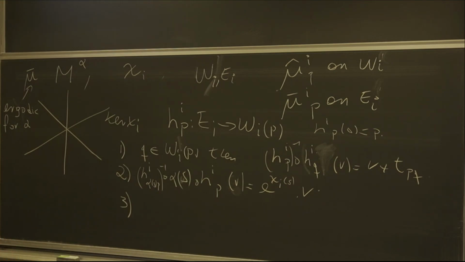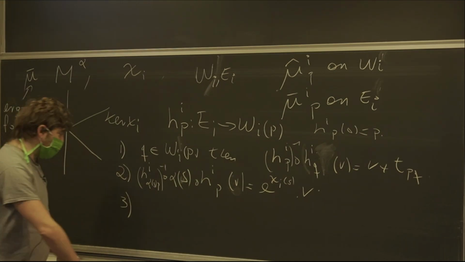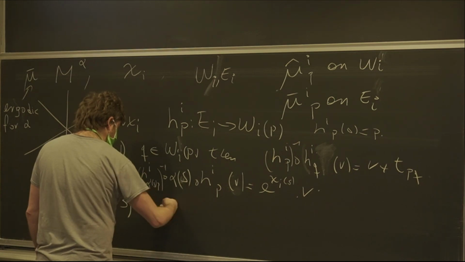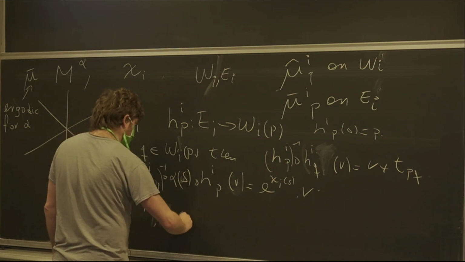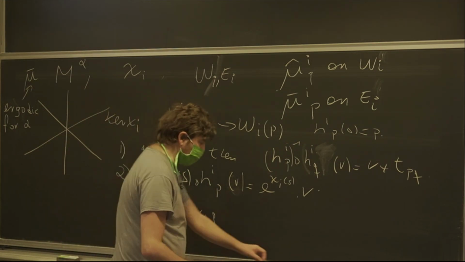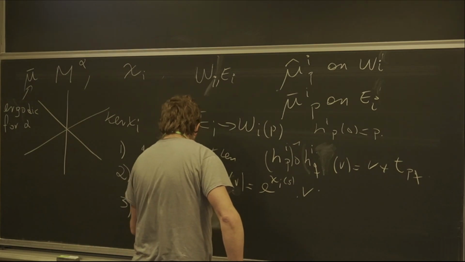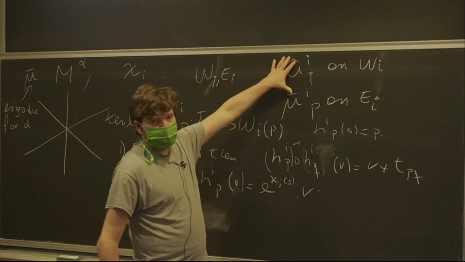The third comes in two statements at the same time. One is that if Q belongs to, well, there is a set of full measure, because these objects are only defined on sets of full measure.